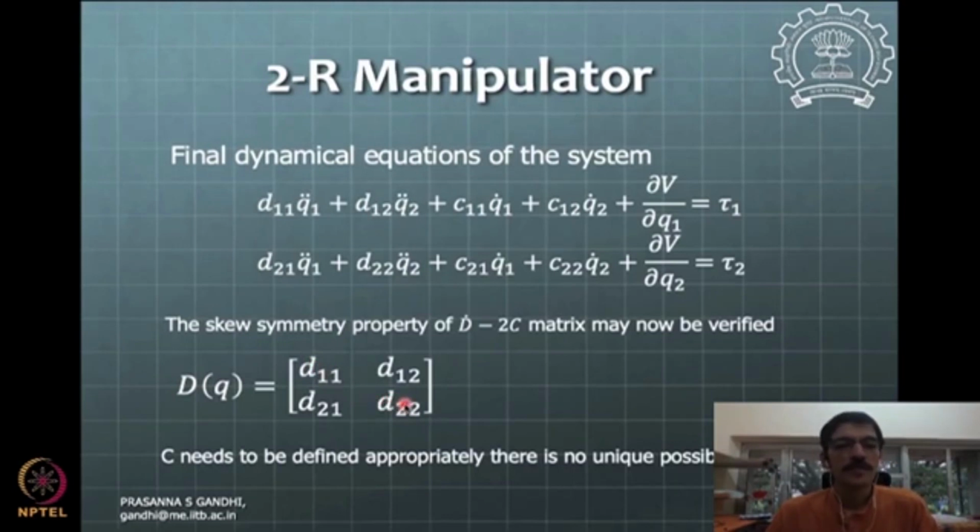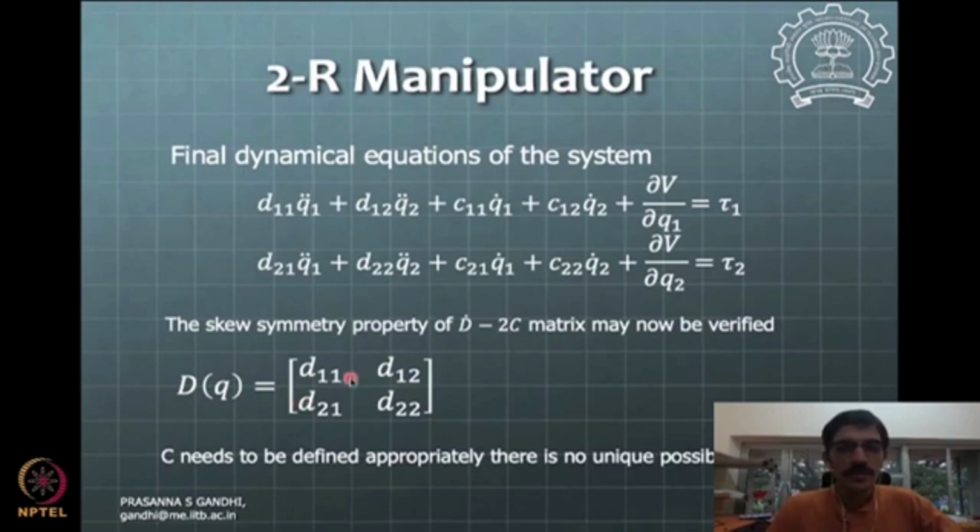So this is an invertible D matrix. We will look at this in a little more detail as a generalized thing, but you need to notice that this D matrix is coming out of the energy expression.